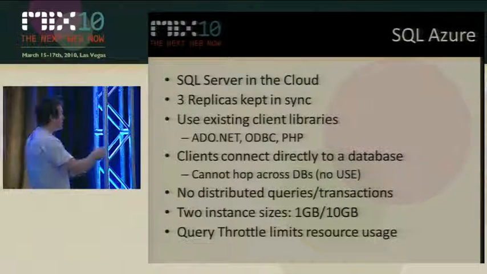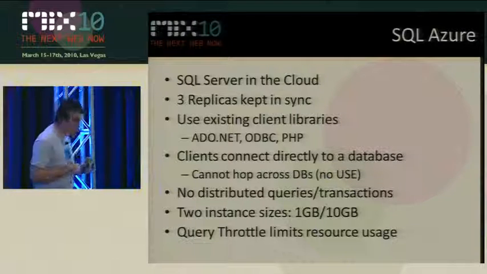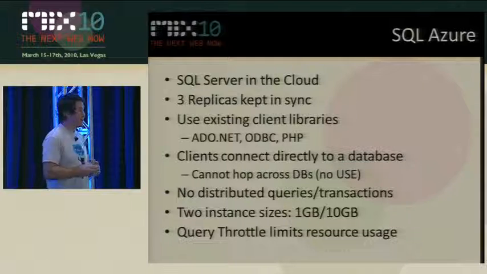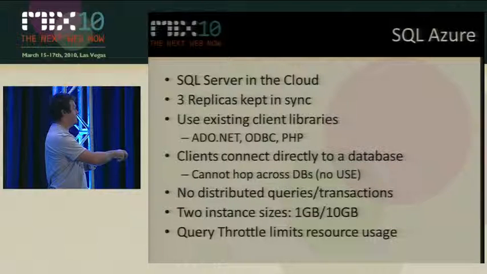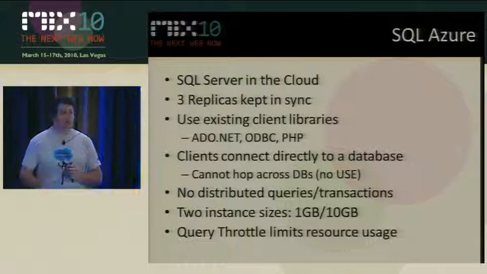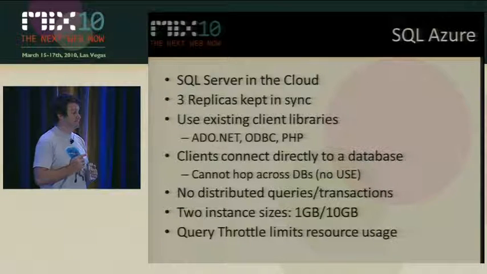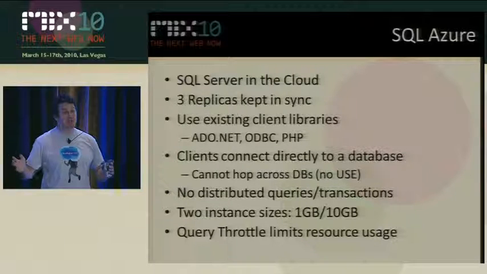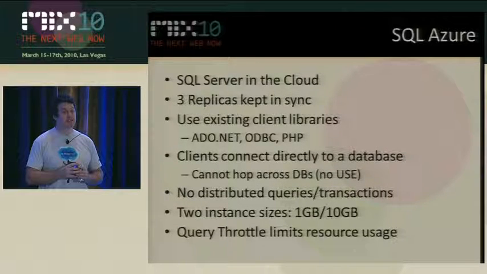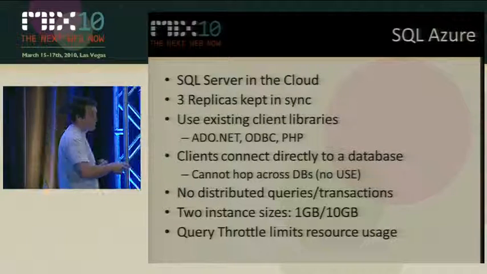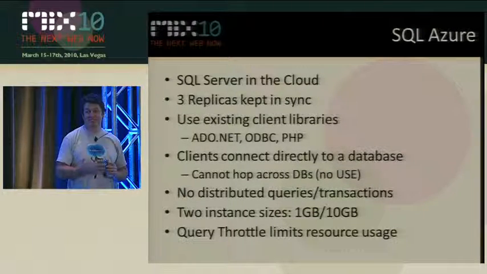And they have a thing called the query throttle that limits the amount of resource you get to use out of the database. A word of warning, ladies and gentlemen, that query throttle is quite indeterministic at the moment. You don't know when it's going to kick in. So it is a little bit hard to plan how many SQL Azure partitions you might need, because you don't actually know what the performance of those partitions is necessarily going to be.